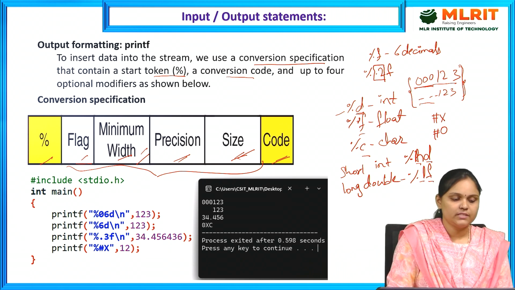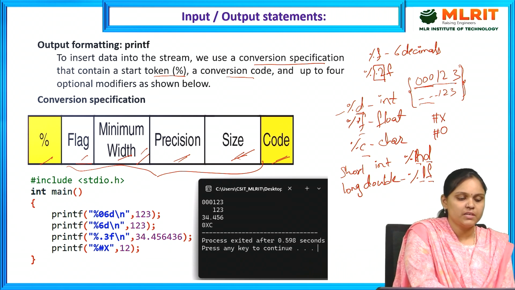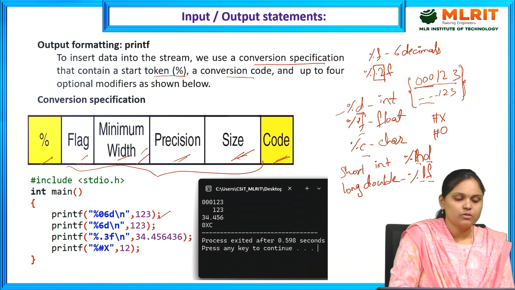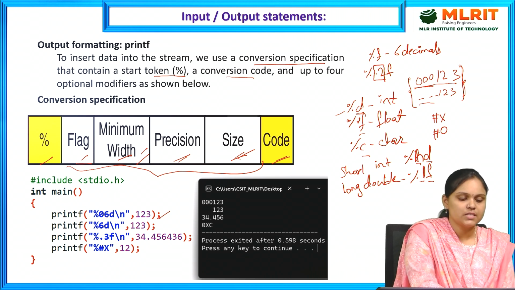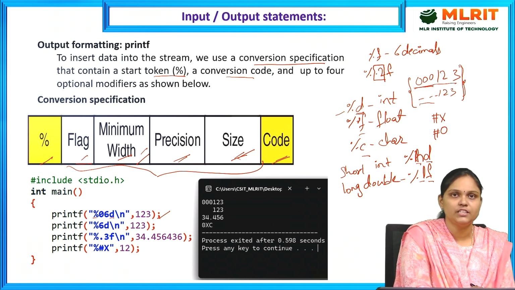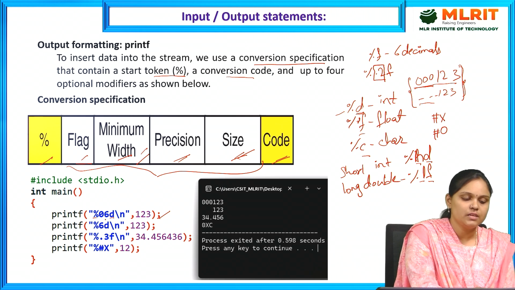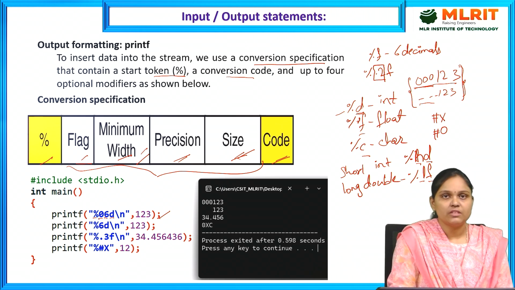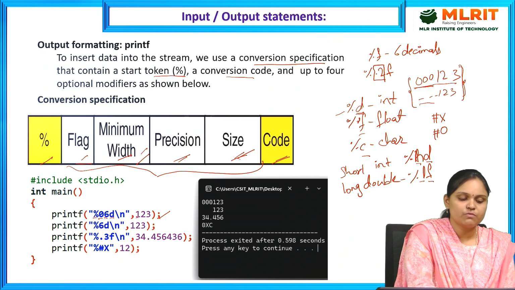Coming to an example program, in the first printf statement we are giving the number 123, and %06d: the percent sign is the start token, d is the conversion code that specifies that it is an integer number, 6 is the minimum width, and 0 is the flag. The number that we have is 123, but the minimum width is 6.